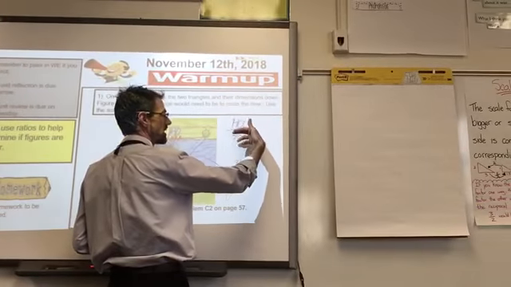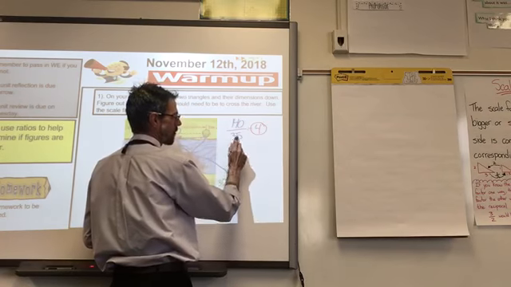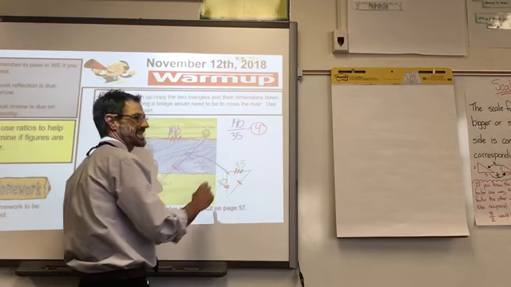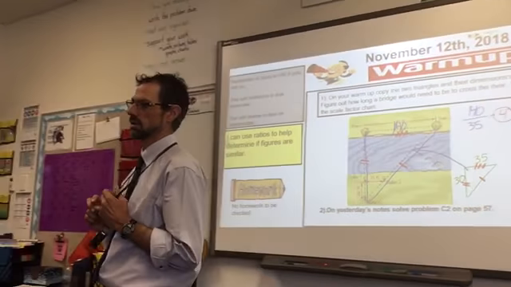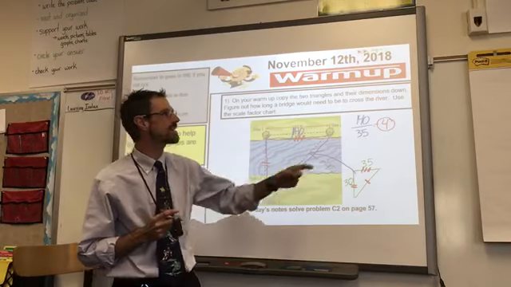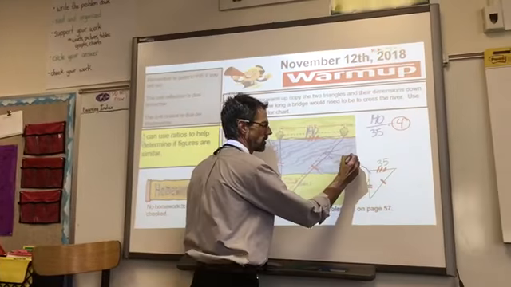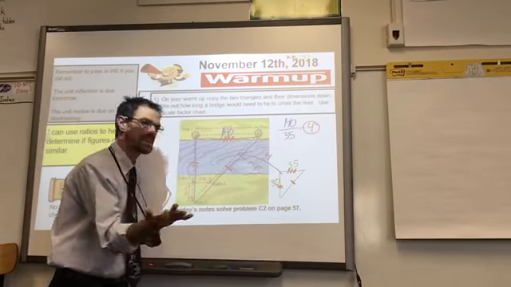This ratio here says that it takes 4 35s to make 140, so I get a scale factor of 4. What does that scale factor mean? Jacob, what does that 4 mean? It's a scale factor of 4 going from here to here, but what does that mean?